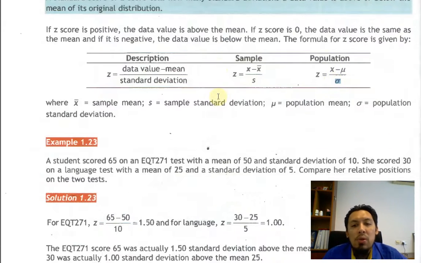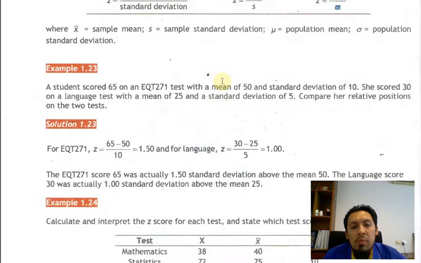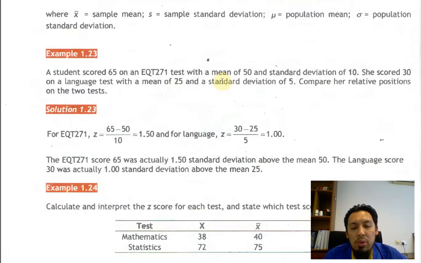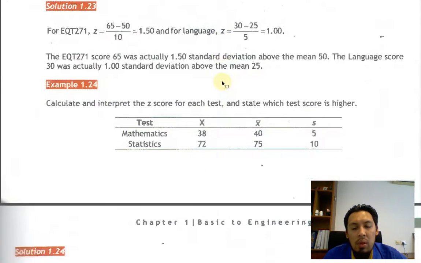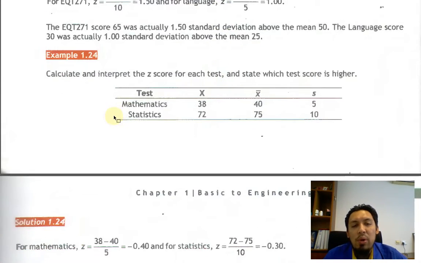But now for population, and this denotes the parameter. Okay, so let's try to use it. Let's say we want to compare a test score of mathematics and statistics. Okay, now I want to make things more interesting.